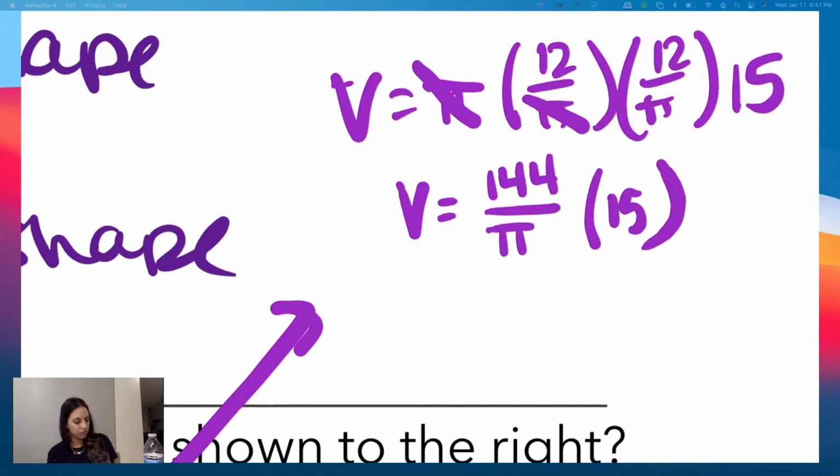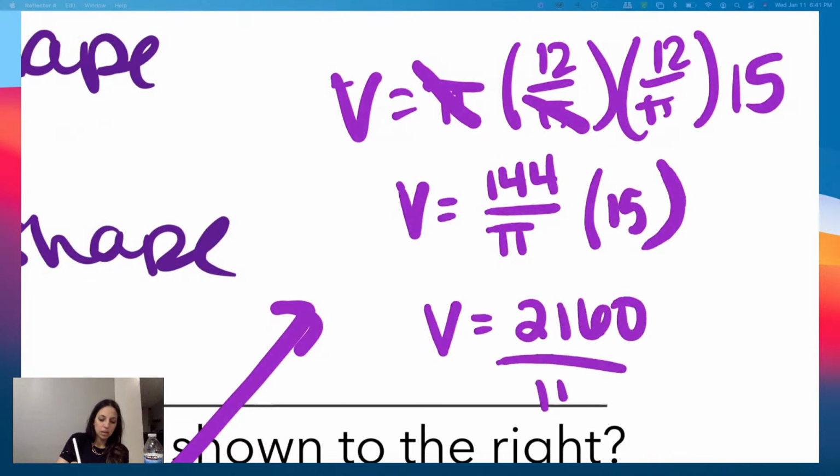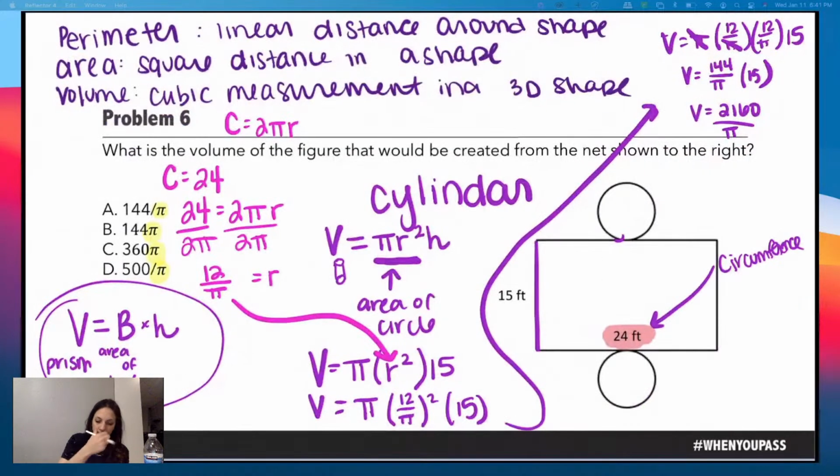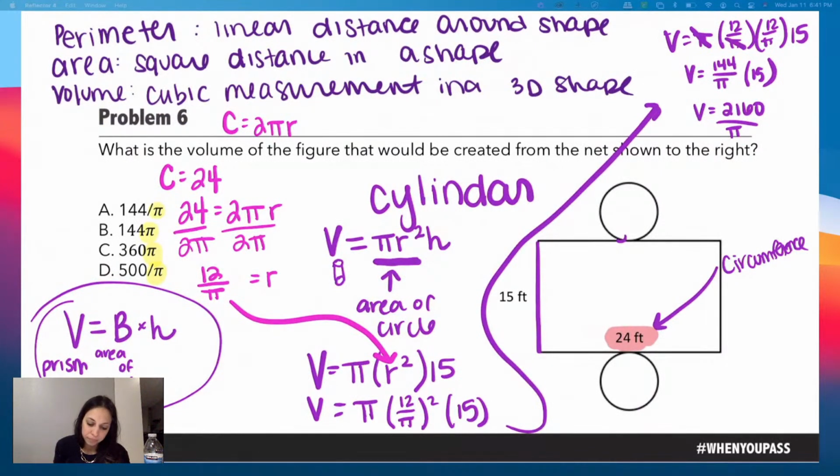144 times 15 equals 2,160 divided by pi. How did I get 12 times 12 is 144?